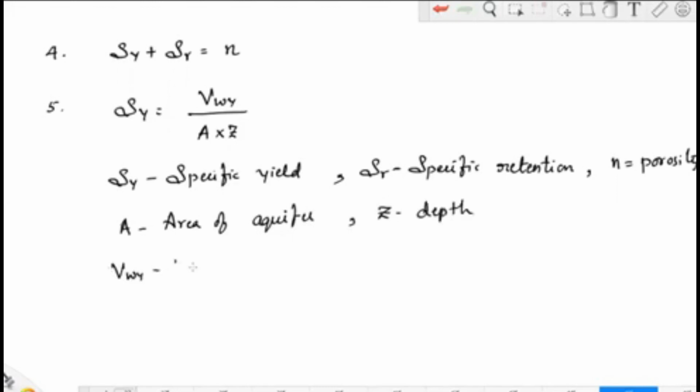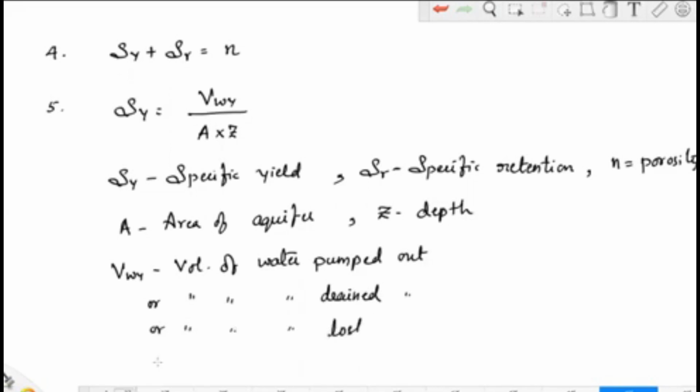VW represents volume of water pumped out, or you can say volume of water drained out, or you can say volume of water lost, or you can say change in groundwater storage.